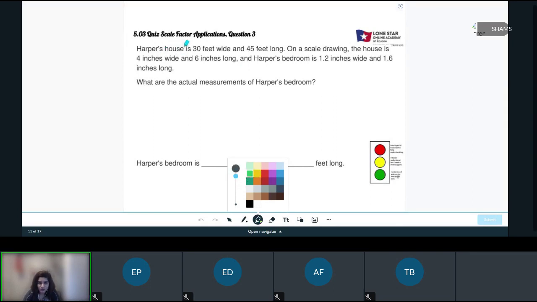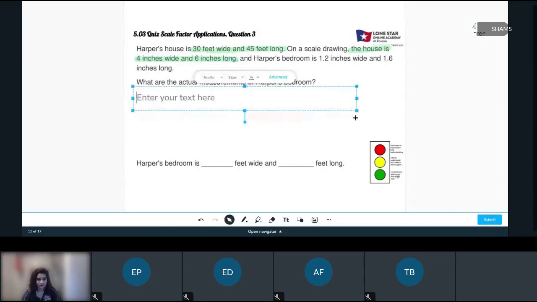Harper's house is 30 feet wide and 45 feet long. Feet tells me it is actual dimensions. Now on a scale drawing, on a map, the house is going to be smaller. The house is just 4 inches wide and 6 inches long. I can go ahead and express this information, right?